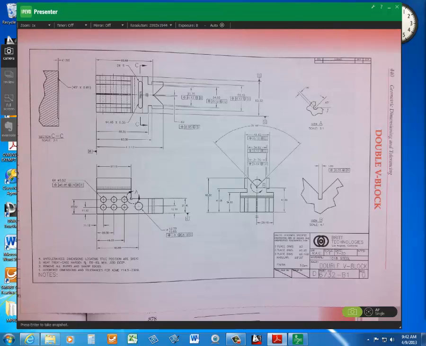So, is it inch or metric? It looks like it's metric. I'm just going to say it's a metric drawing. They made a mistake. Okay? All right. I decree it.